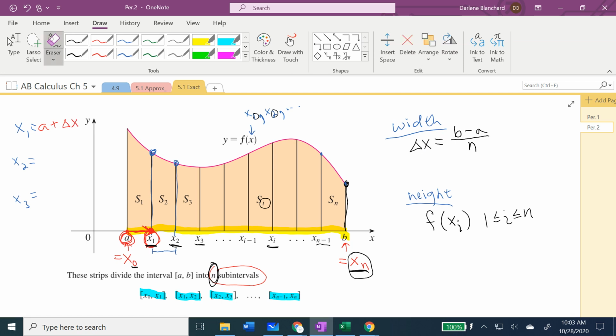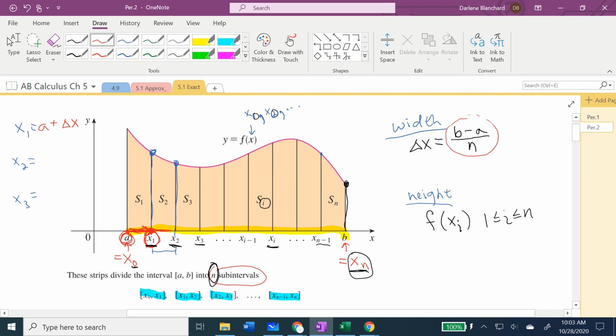And I'm going to use delta x because it would be very painful to write out the whole formula over and over again. We already have a formula for it. We thought about it and realized it works. For now, let's set aside that formula and just talk about delta x as a distance.